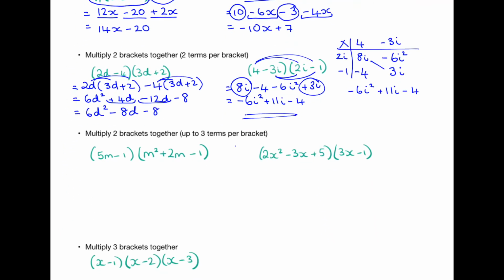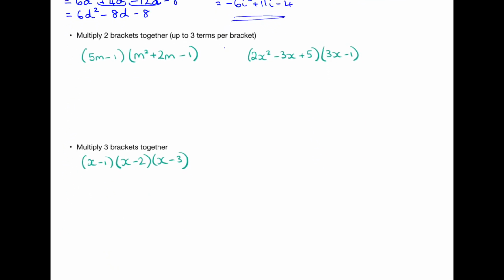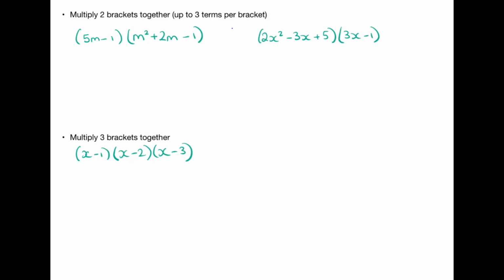Okay, so next thing we're doing is multiplying two brackets together with up to 3 terms per bracket. So when we're doing this, we can't use FOIL, remember, but we can use any of the other methods. So for the first one, I'll show you it where we're going to break the first bracket, and the second one, I'm going to do it where we do a table, I think.